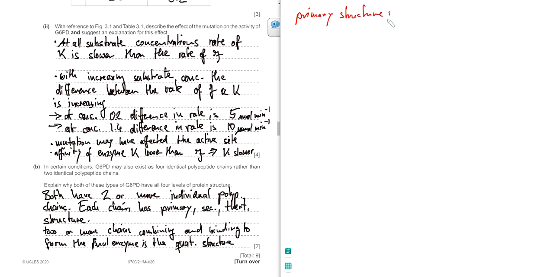Primary structure of enzymes, of proteins in general, is the amino acid sequence, just the connected amino acids forming a chain.